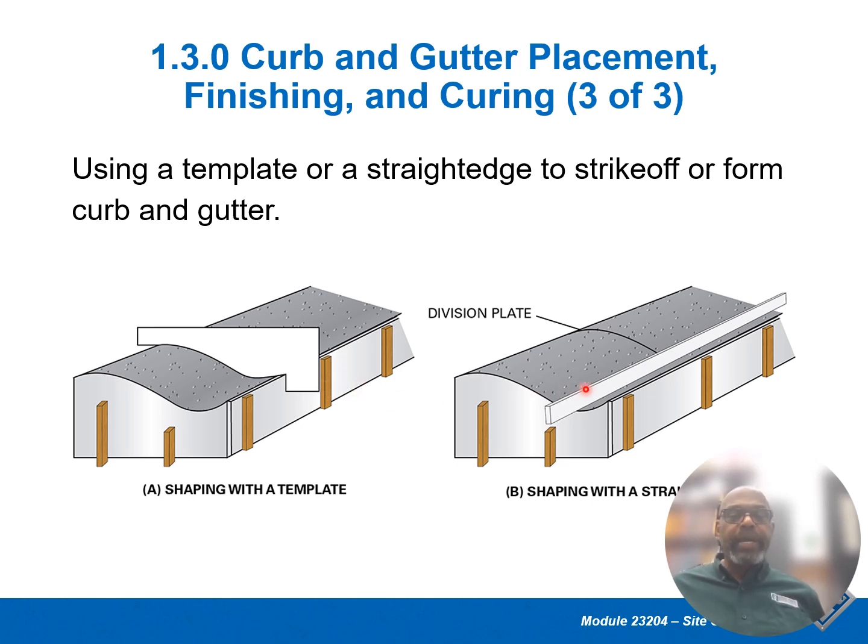Then they can come back and continue to screed it. So again, this template gives it its design, its shape, and then they come back with the screed to smooth it out. And they will put a division plate a certain distance apart, so there is a point where it can expand and contract.